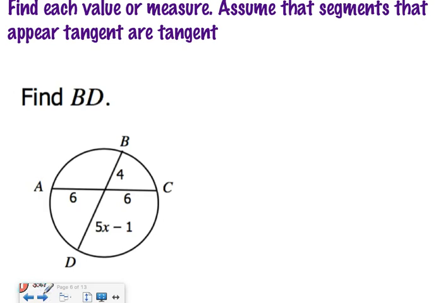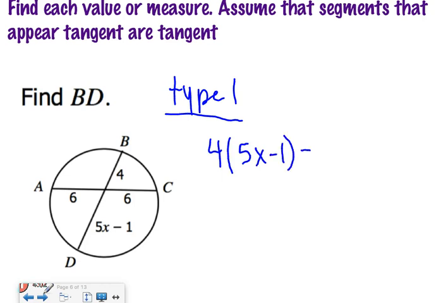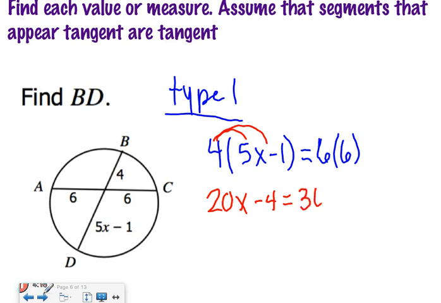Okay, what type is this? Type 1 again. Okay, on this one, make sure you have to do what over here? What is that called? Distribute. Add over the 4. 20x equals 40.